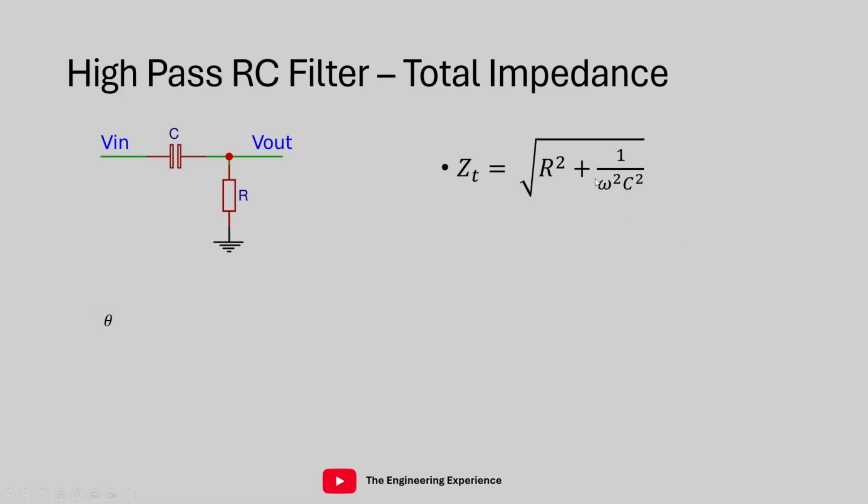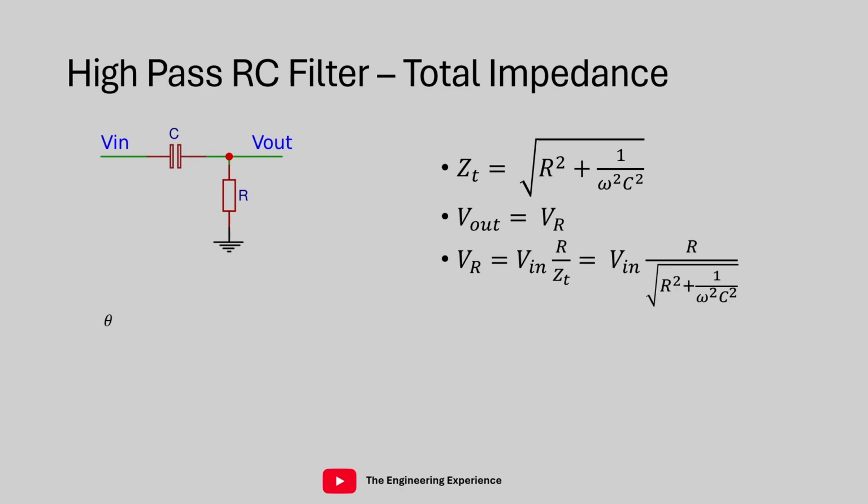Now bringing that last equation back over here to the next slide, we can basically look at the output voltage, which is equal to the voltage across the resistor. If you know your potential dividers, the output voltage obviously is equal to the input voltage multiplied by R divided by the total impedance of the circuit.